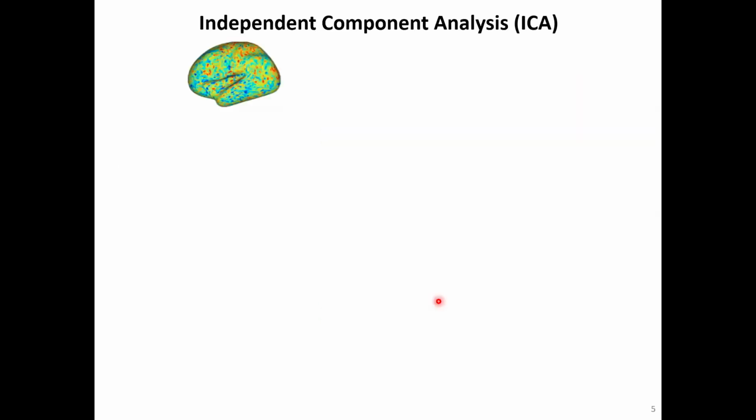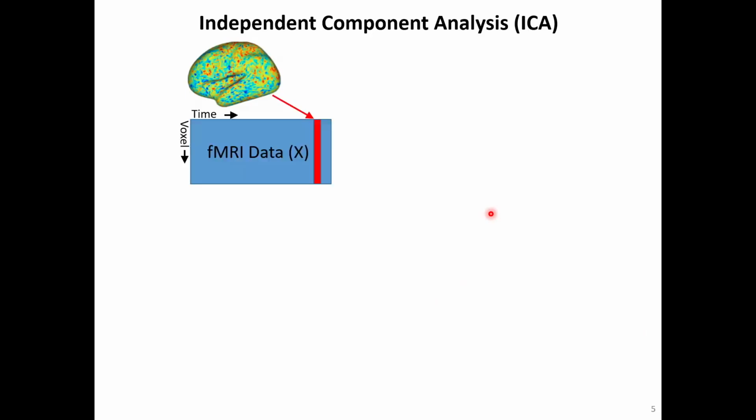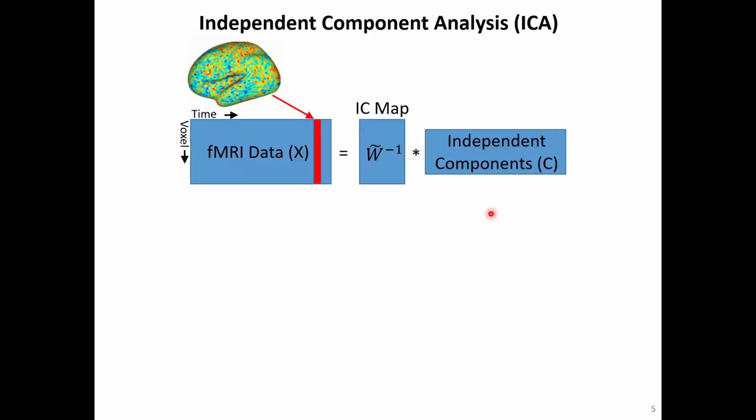Before touching my method itself, I just want to give the most popular method in the field. It's called independent component analysis, or ICA. Basically, if we have a functional activity or the fMRI data, we can decompose the fMRI data into ICA maps and independent components.